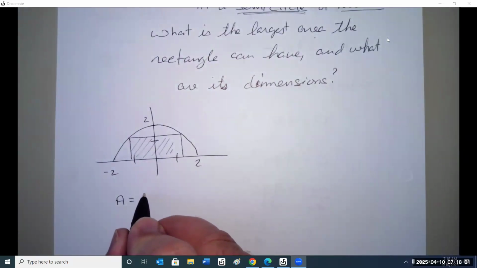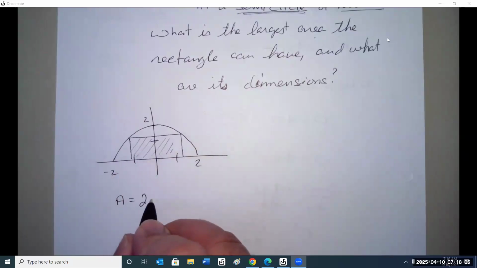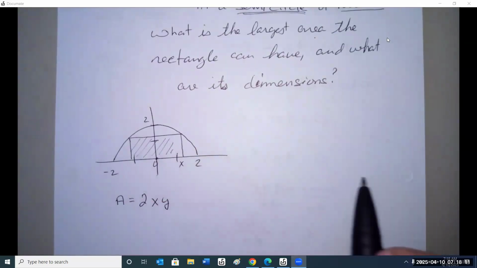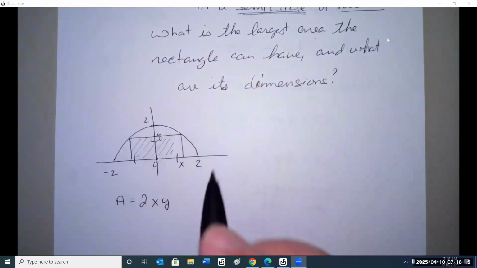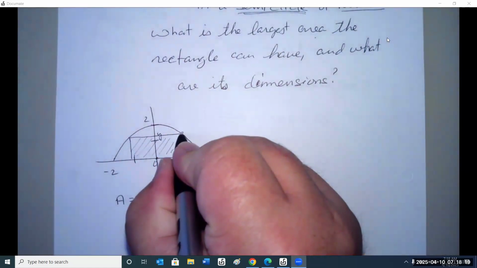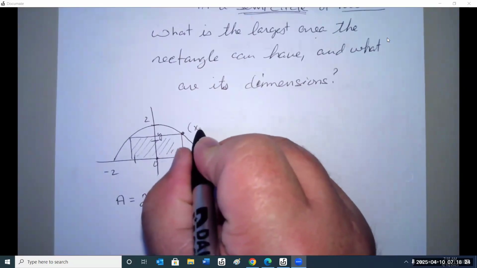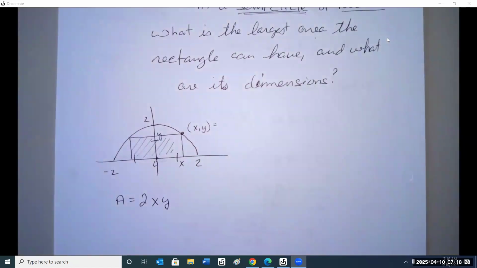So this area plus this area is 2x times y, because x is from 0 to some value x and up to some value y. So we need to know this point. It's x and y. So what exactly is y? How do we figure that out?